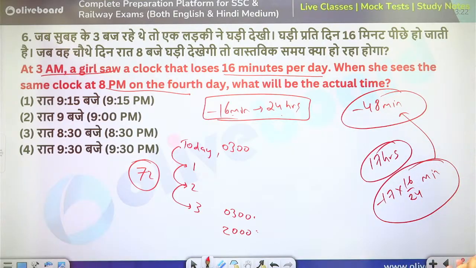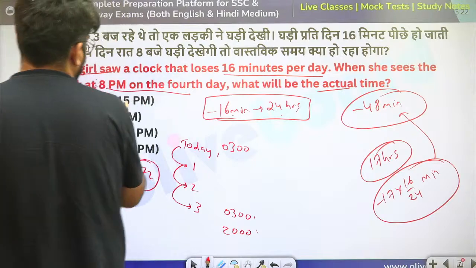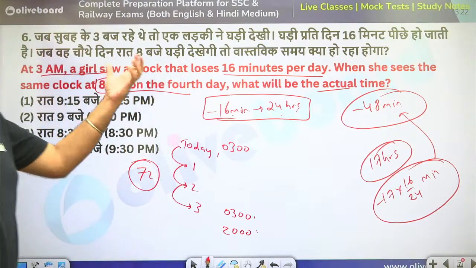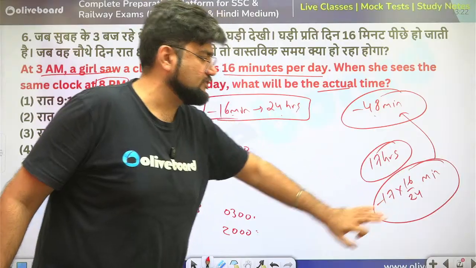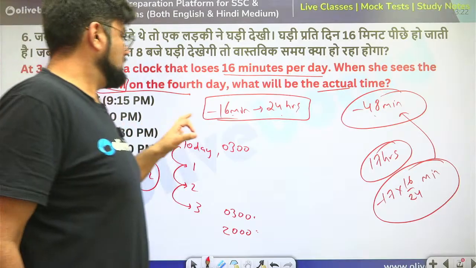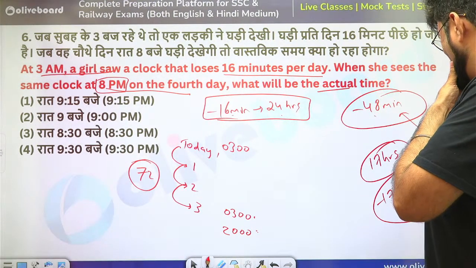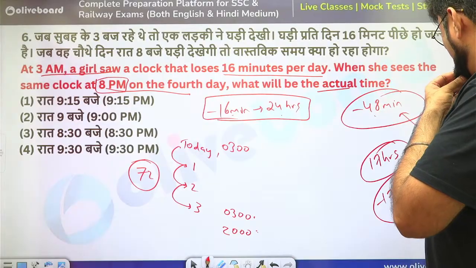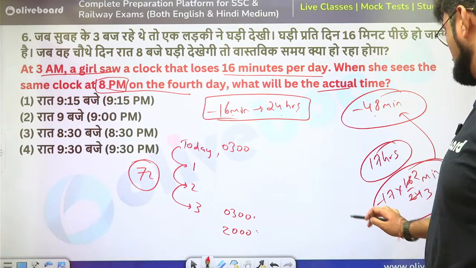So these extra minutes it will lose after 48 minutes. Now the question is, what will be the actual time if the clock is showing 8 p.m.? The clock is slow by this much time, 48 minutes and these many minutes extra. So what time will it show? So how much will that be? This will roughly transpire to 17 into 16 by 24, roughly 12 minutes.